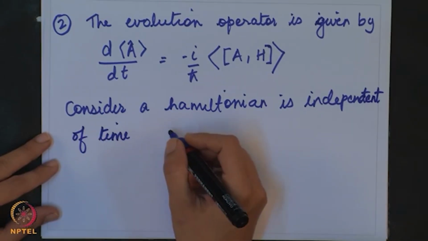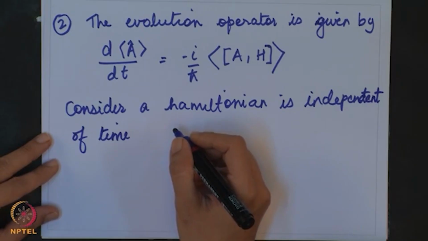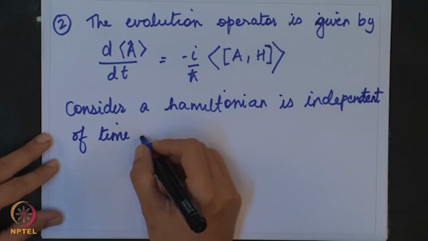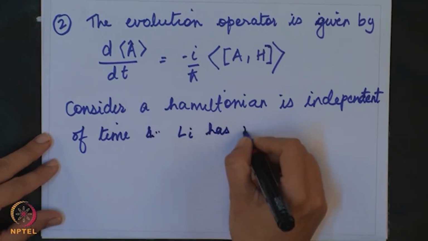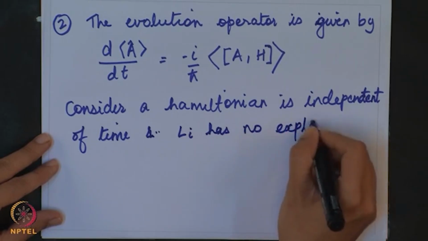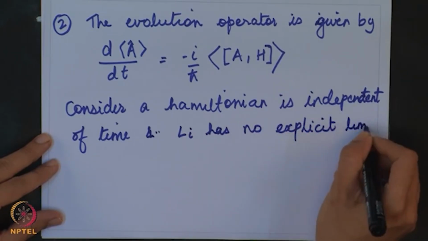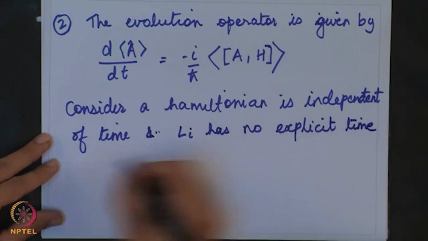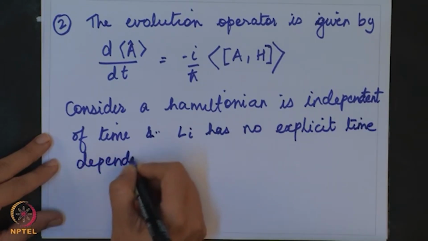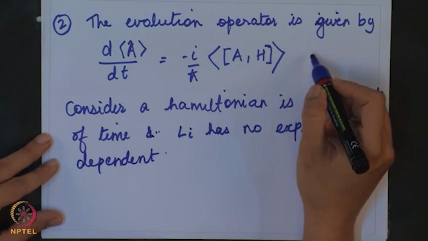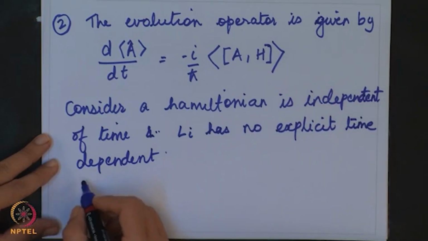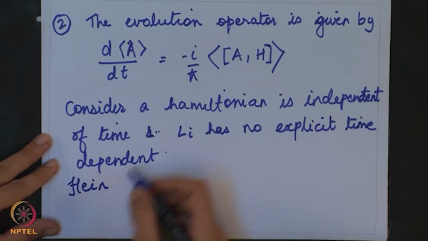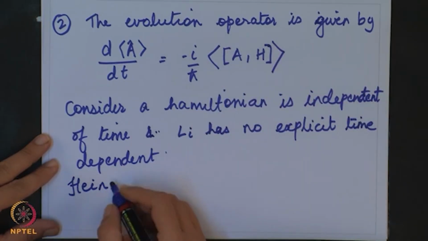The explicit dependence of time on L_i is also not there, that is to say L_i has no explicit time dependence. That is why we are not having the second term. So we now write the Heisenberg time evolution operator, that is what I have written in general.